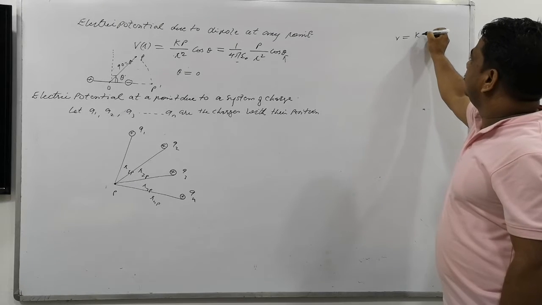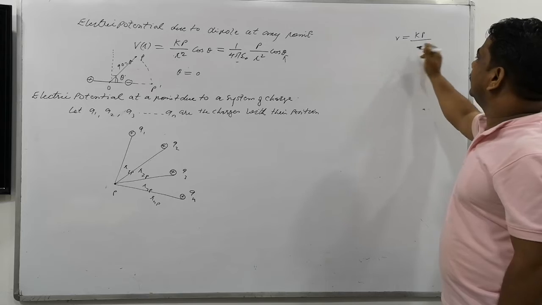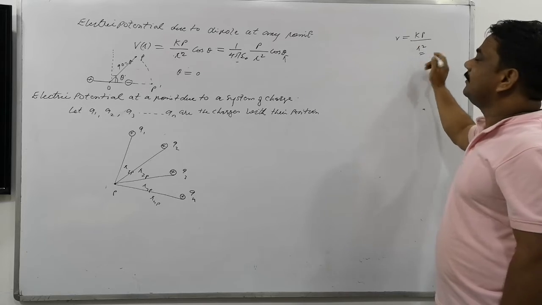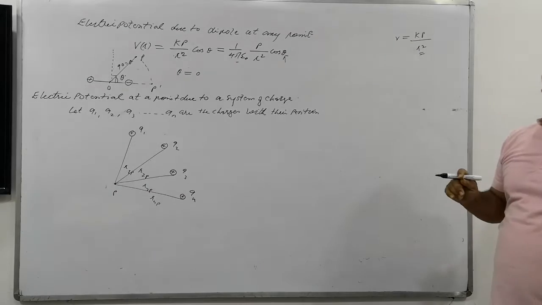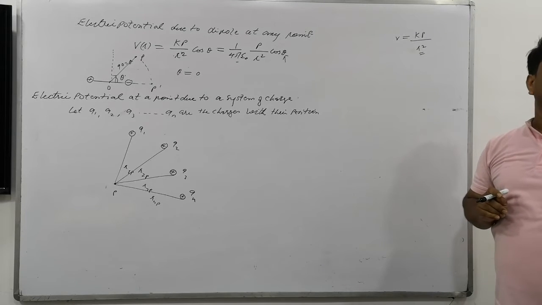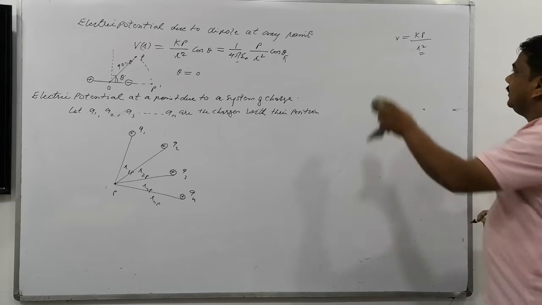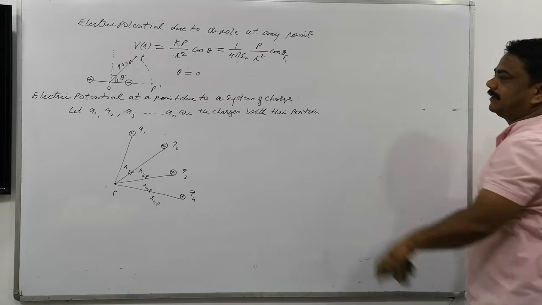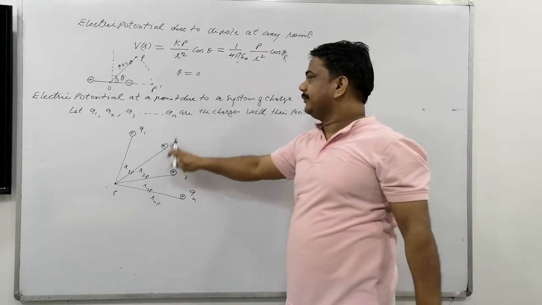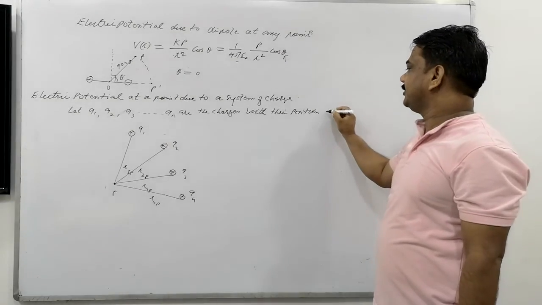V is equal to K Q divided by R square, where R is the distance between the charge and the point of observation, the point where you want to find the electrostatic potential. So we are giving the position vectors here. Clear?